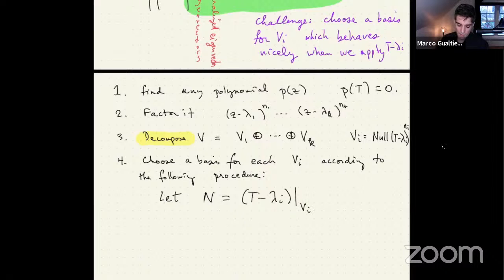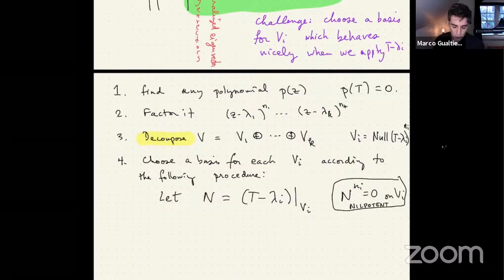So this makes sense because Vi is an invariant subspace. It's sent to itself by T, and of course by the identity, and so it will be sent to itself by this operator. But the reason that I want to give this operator the name N is because N to the power n_i is 0 on Vi. So it's nilpotent.